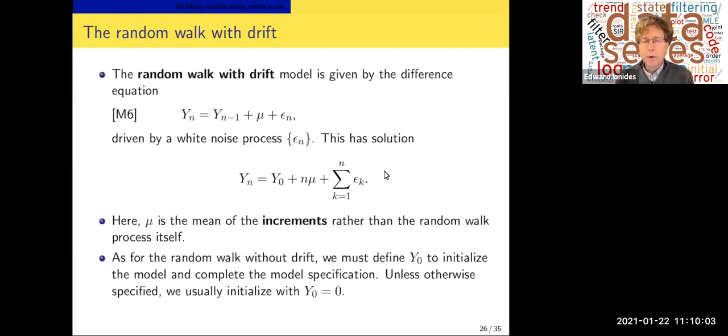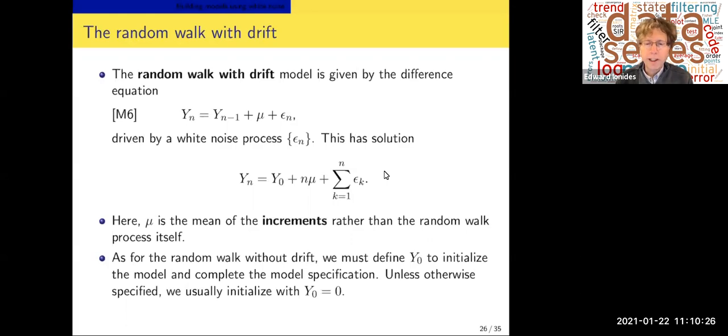When you write a random walk with drift, it's usual to use mu for this drift parameter. But here, mu is the mean of the increments rather than the mean of the random walk process itself, which is a kind of conflict of notation, but that's how it is. You just have to look out for it.